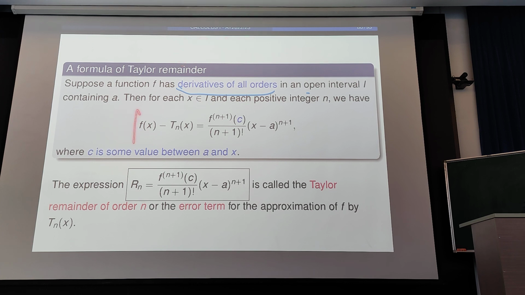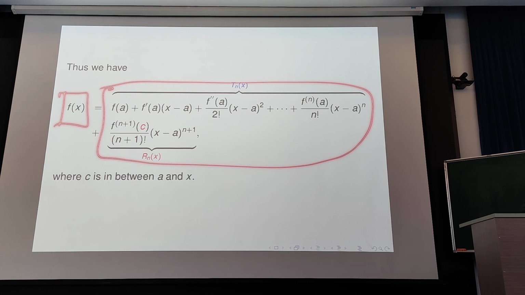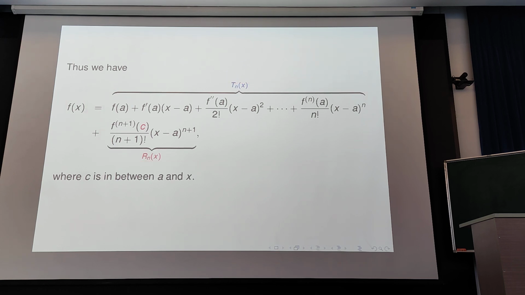However, we can write f(x) in this form. We can represent f(x) in this form. It's nothing but a finite sum, and it is equal to the nth Taylor polynomial plus the remainder term.